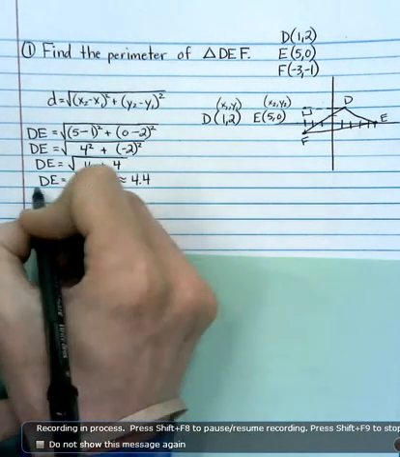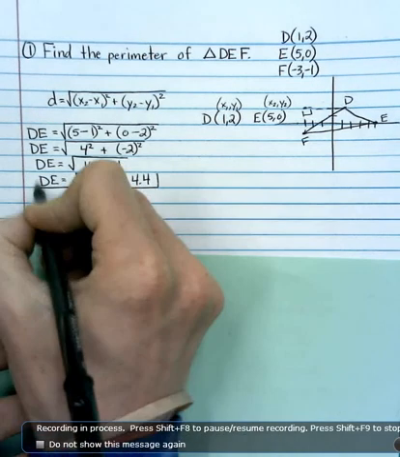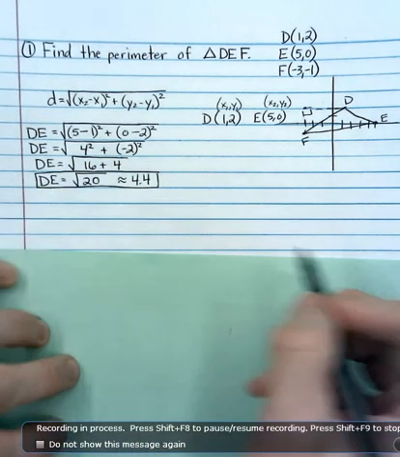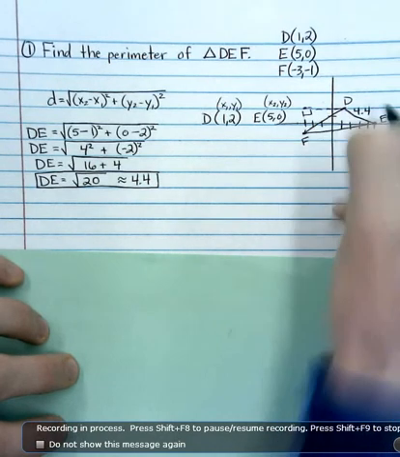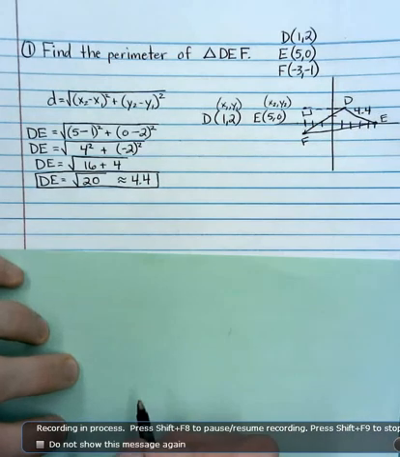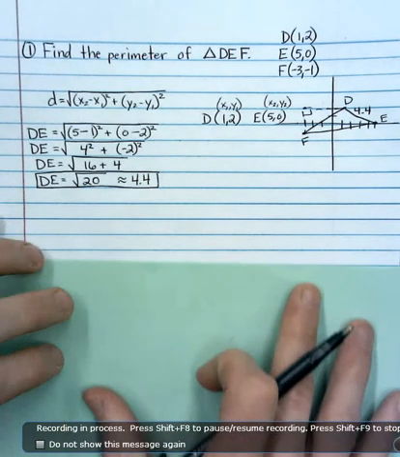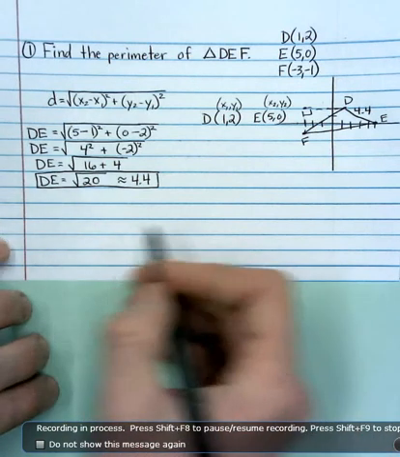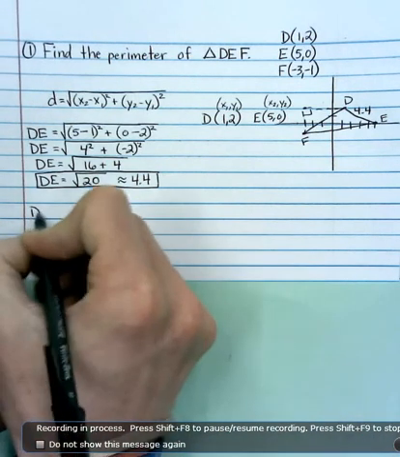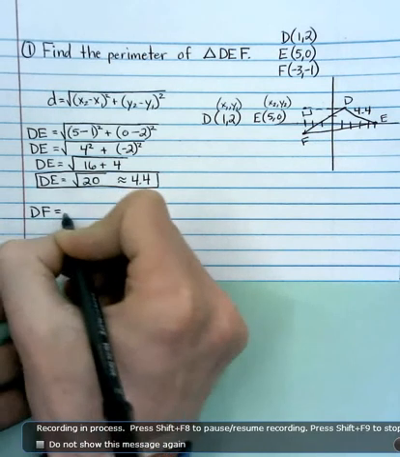Okay, that does not finish our problem. That only gives us the side length, DE. Still have to find the other two side lengths. And of course, since we're looking for the perimeter, we'll then add them all together. So I'm going to move a little quicker now. If you need to, you can pause. To find side length DF, I'm going to do the exact same thing.